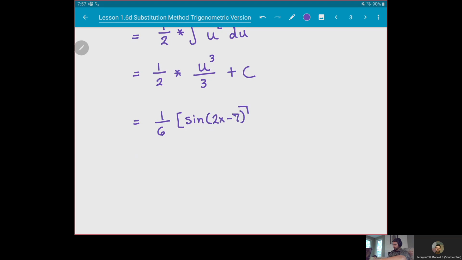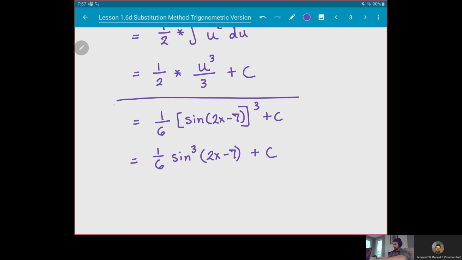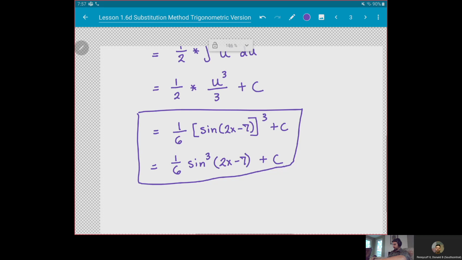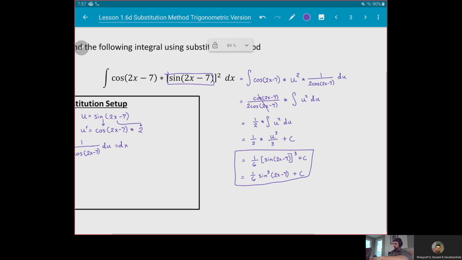If you want to, you can write it in the shorthand notation, and that is to put the exponent right above the sine itself instead of at the end. So either one of these is correct. All right. Any questions about that one? Any questions at all?